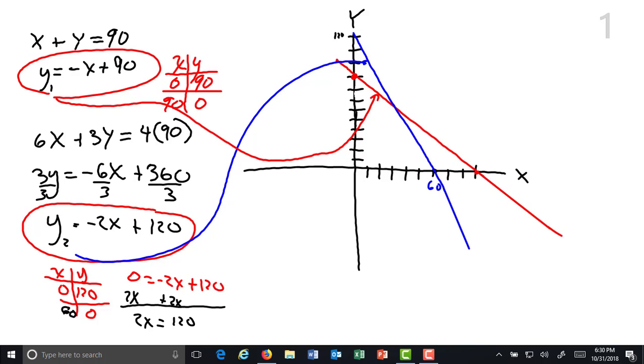Now, we've done pretty good so far, but we'd like to find where they intersect. And where they intersect is only when the two lines are equal, and that's only at this point, y1 equals y2.